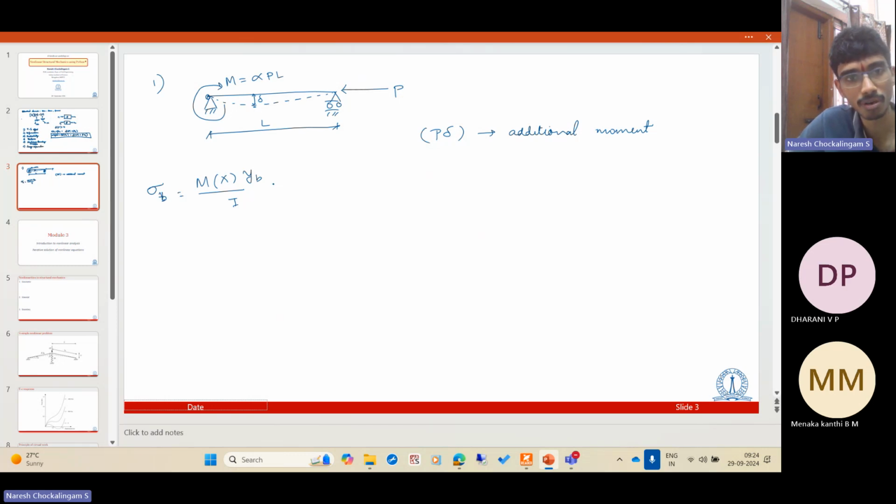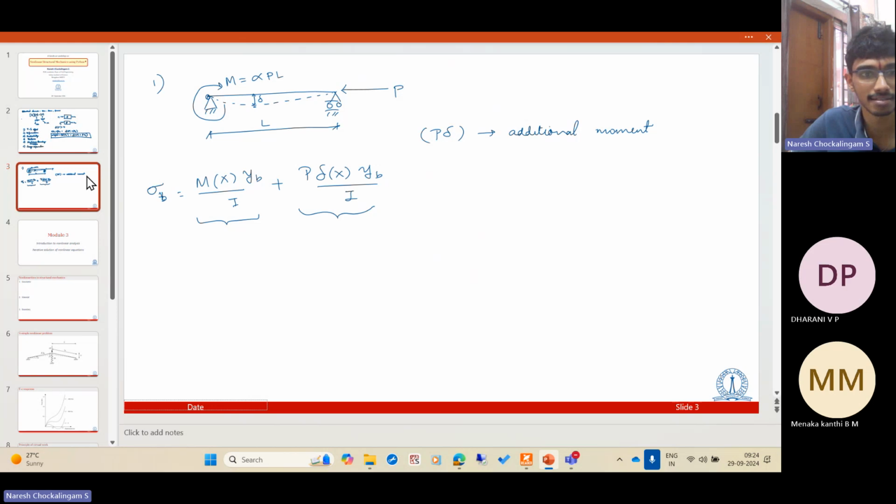But it also has got a component plus P delta of x yb by I. So there are additional stresses caused due to the eccentricity of the applied force with respect to the deflected center line of the beam. So the beam has to be designed for these. Otherwise, we might design the failure stress to be this, but the stresses that are actually occurring are higher than that. Therefore, the beam will fail at a load less than the design load. Therefore, we have to consider P delta effect, right?